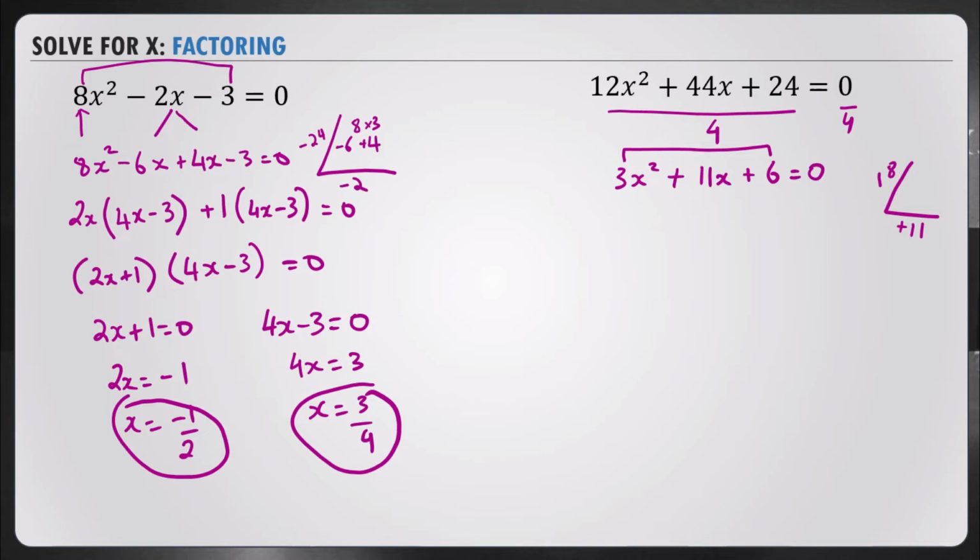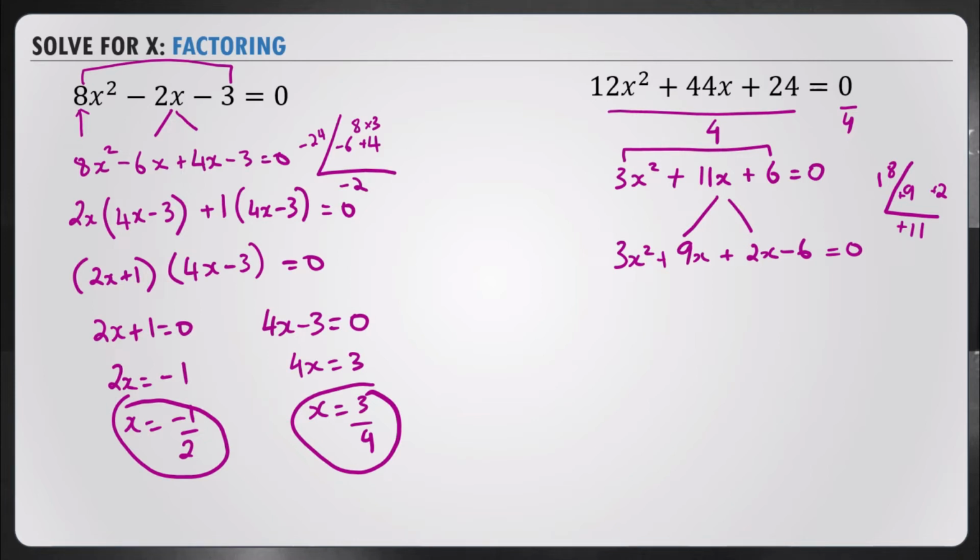All right, which two numbers will give me 18? I would think of 9 and 2, because 9 plus 2 gives me 11. Then we split 11x into 9x plus 2x, and then bring down the others is equal to 0, and then factor normally.